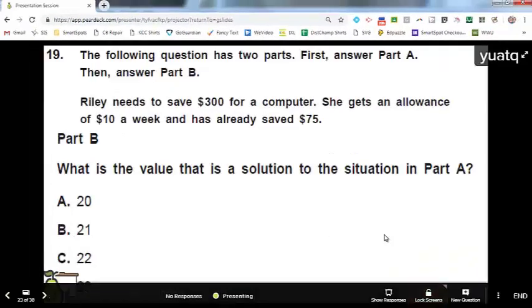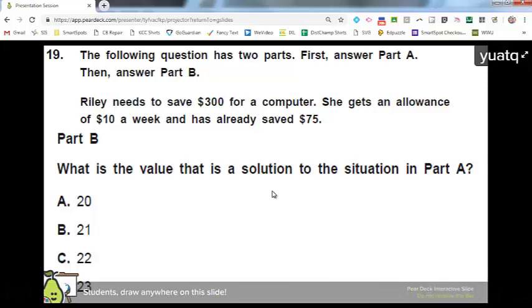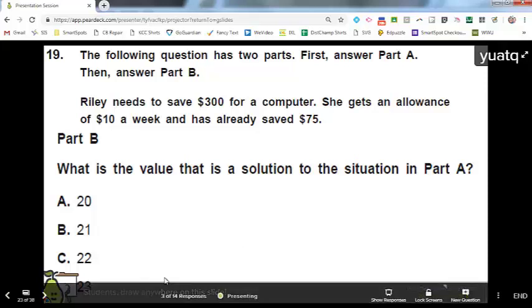And the last one, which we just talked about: what is the value that is a solution to the situation in part A? You should be able to answer that very quickly.